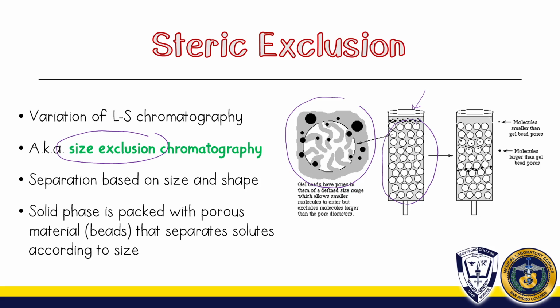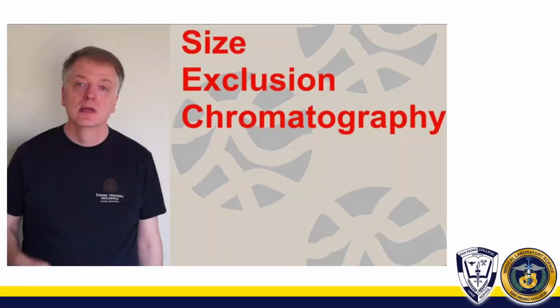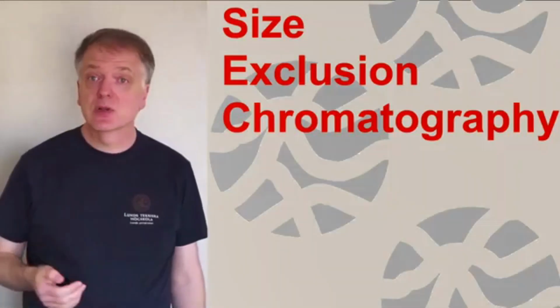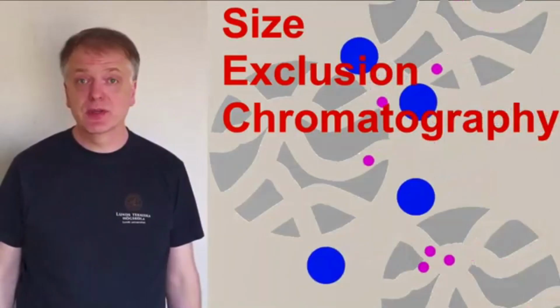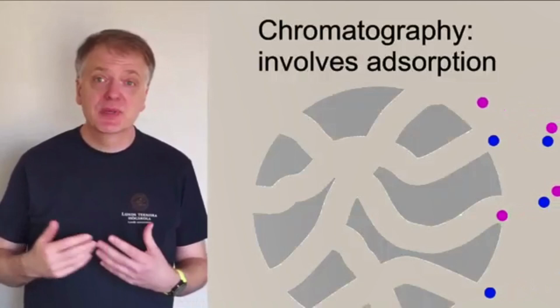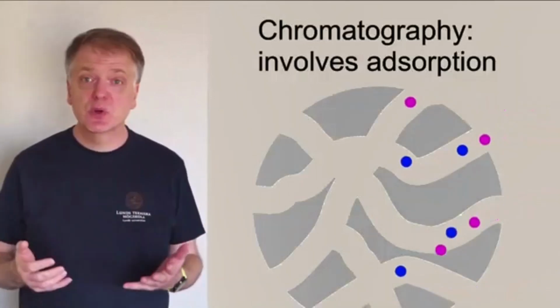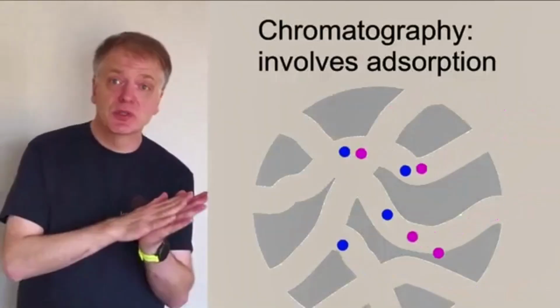So to further explain, here is another video to help you understand size exclusion and these beads. Size exclusion chromatography is also called gel filtration chromatography. These two names may make you misunderstand what is actually happening. In the previous videos, we talked about chromatography as a process where an adsorbate is adsorbed to the surface of an adsorbent.